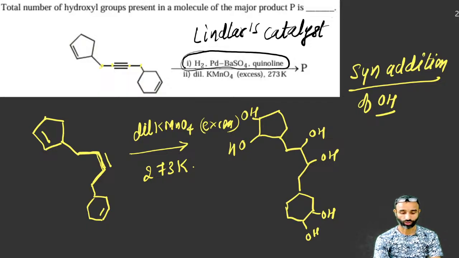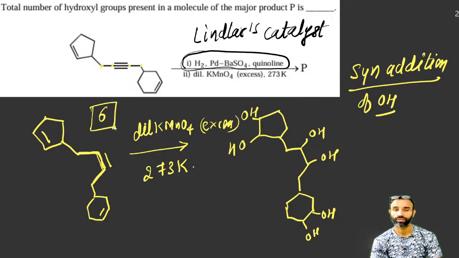So the total question is not about the stereochemical aspect. It is a simple question of how many hydroxyl groups are present in the molecule. So 2 plus 2 plus 2 is total 6. Okay. So see, this is syn addition.